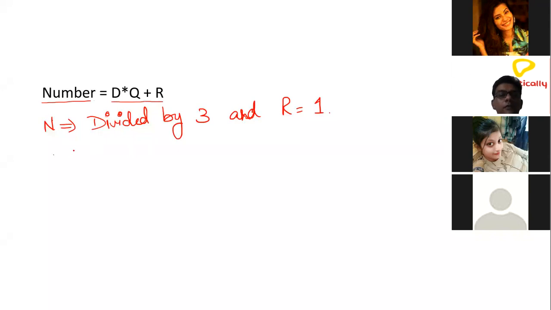Can you give me an example of numbers which I'm talking about? I'm dividing by 3 and I'm getting a remainder of 1. So, right, 4 is what Vidipta has said, Akriti said 10.